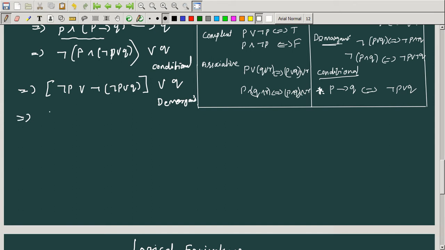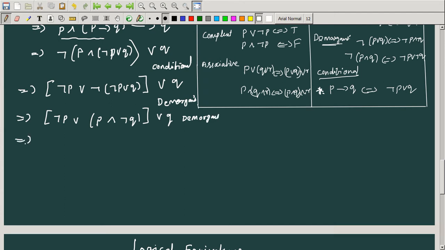Again I apply De Morgan: this one you write as it is, negation P or, and here applying De Morgan's, negation of negation P will become P, or becomes and, negation Q. Here also we used De Morgan's.